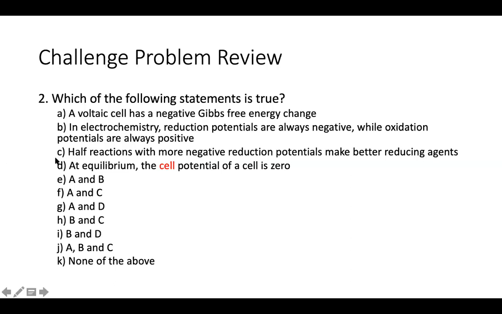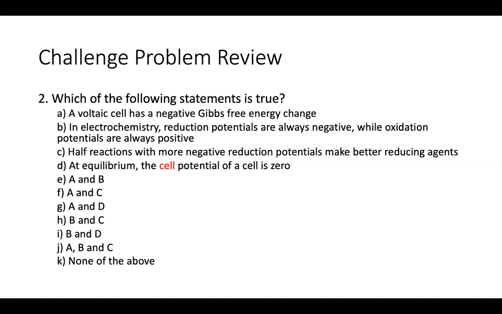And so C is actually true. If you didn't quite follow the logic behind that, feel free to ask me to clarify further. I also have it written out on the next slide. Dr. P shows those charts of all the reduction potentials, and you can see the trends: as you go towards more positive reduction values, you will have stronger oxidizing agents.